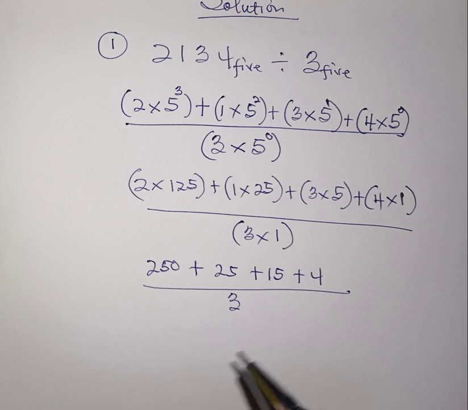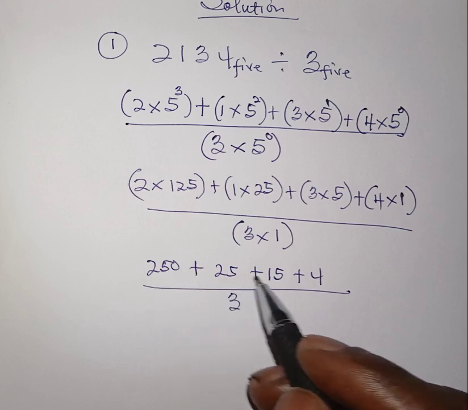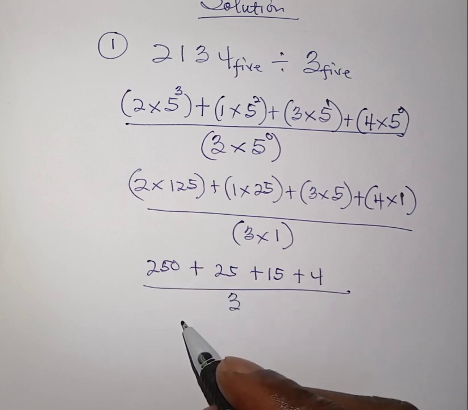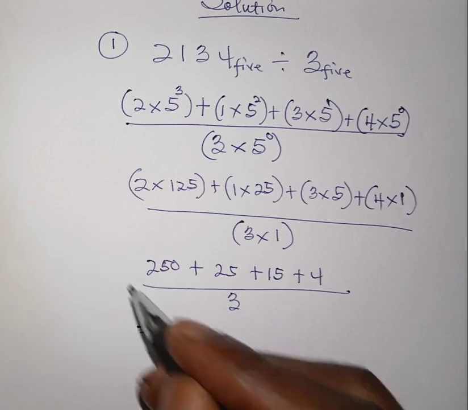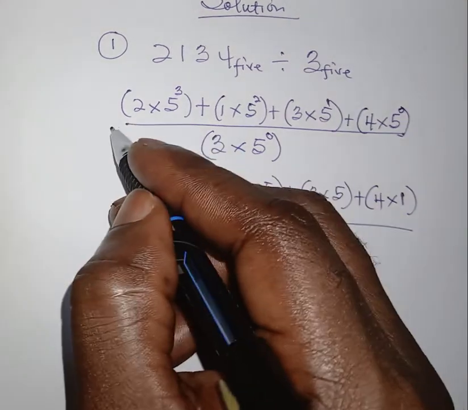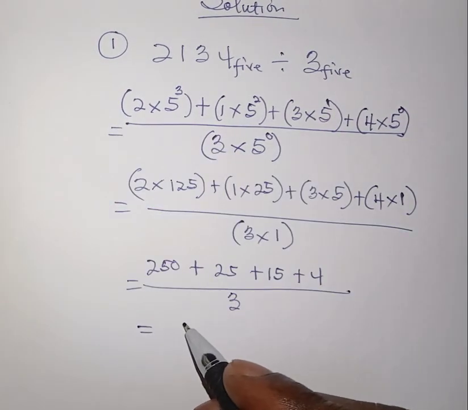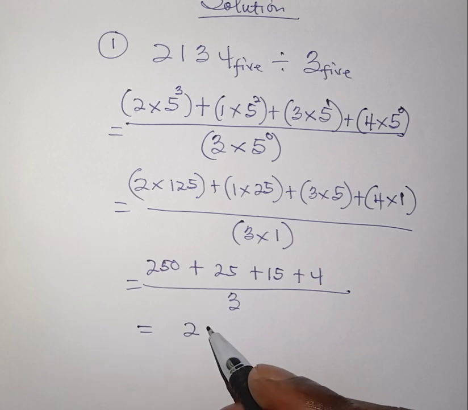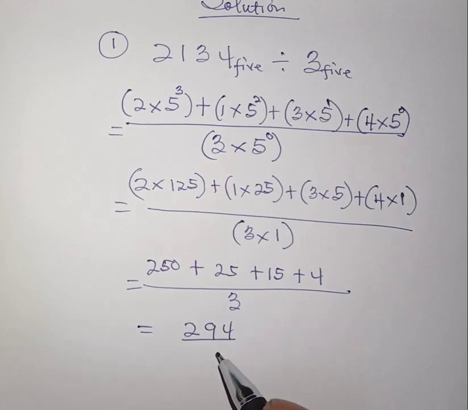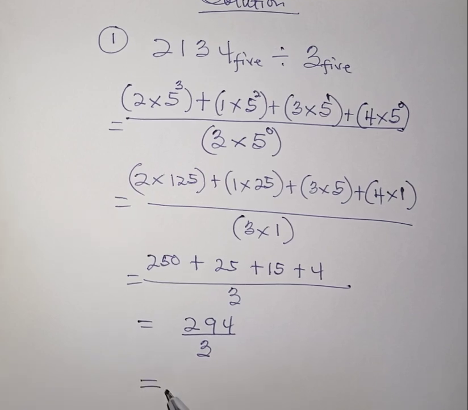If we add all this, we are going to get 24 divided by 3, and that gives 8.